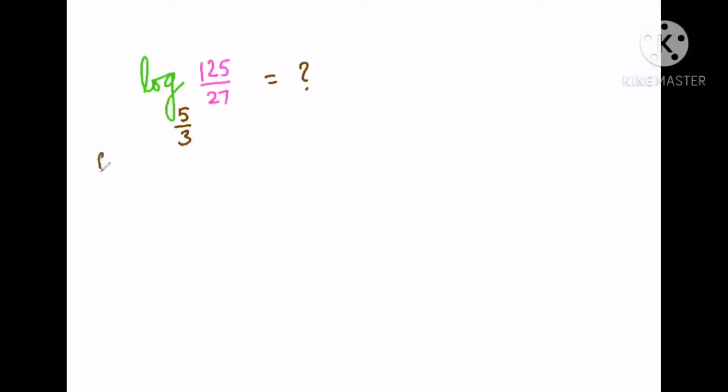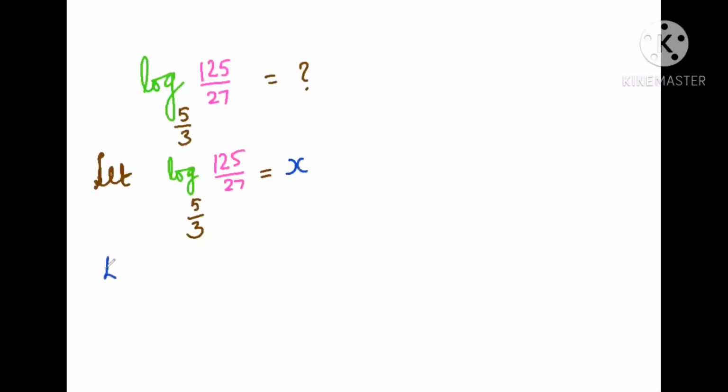Here the same way, let logarithm of 125 by 27 to the base 5 by 3 is equal to some x.